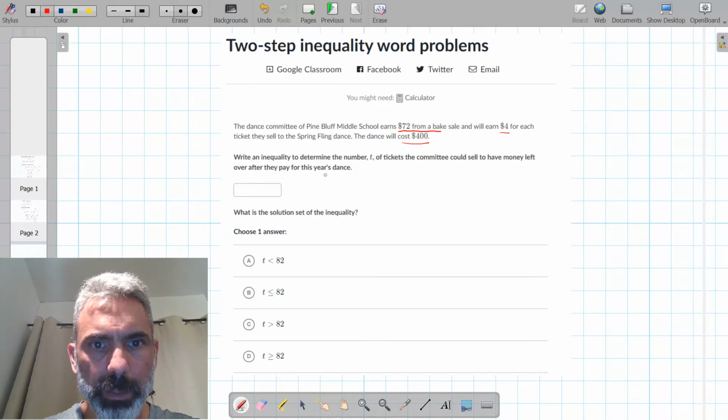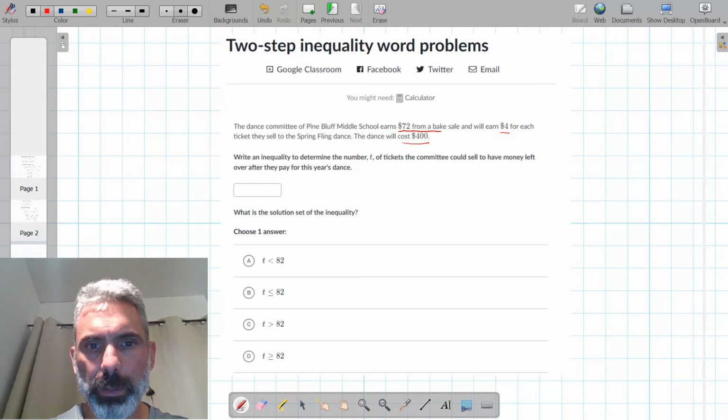for this year's dance. Okay, so on one side we have 400, which is the cost.